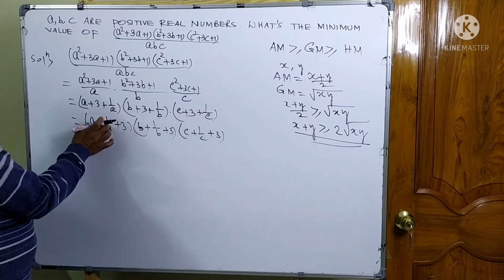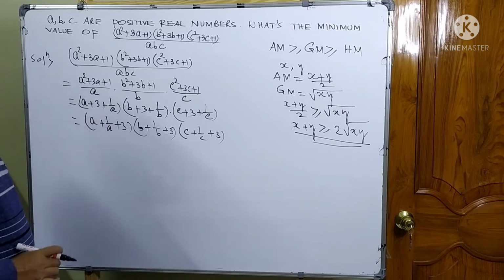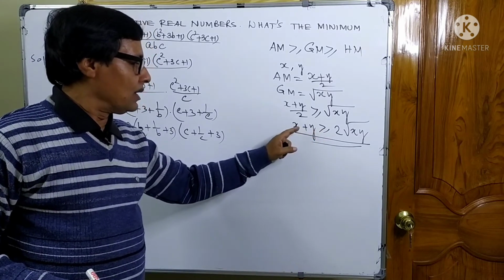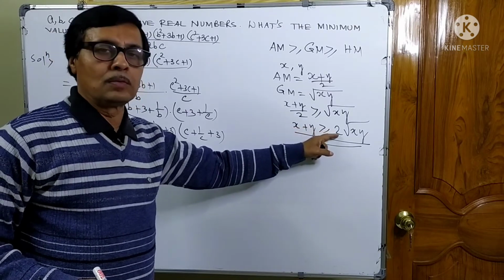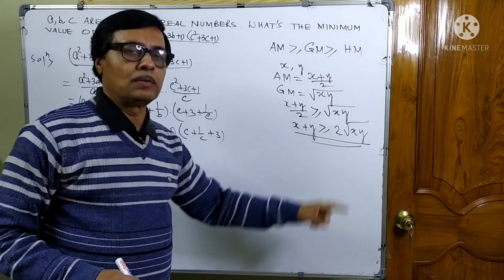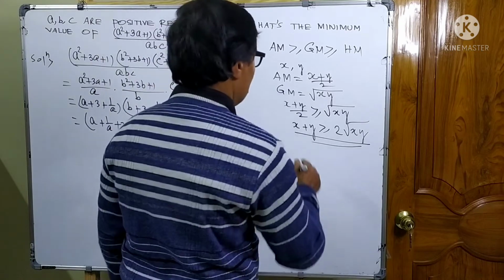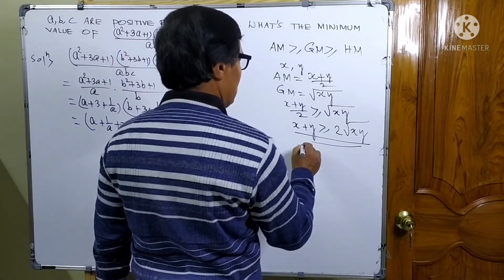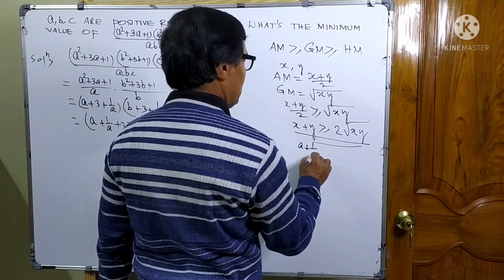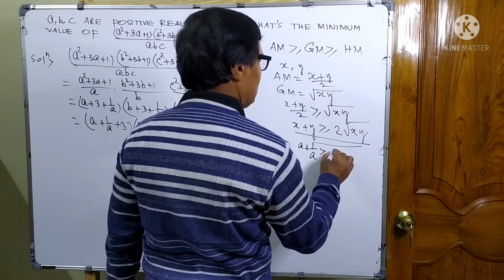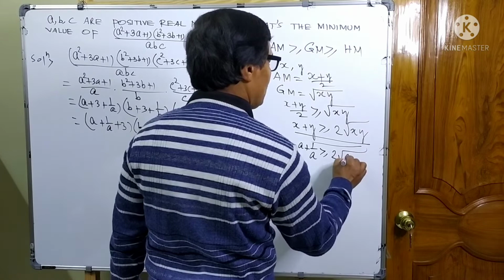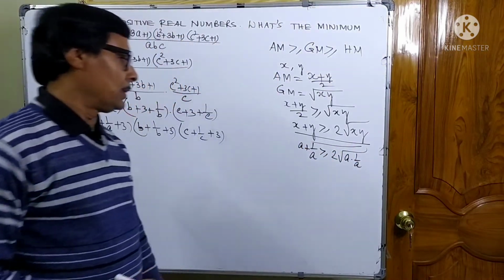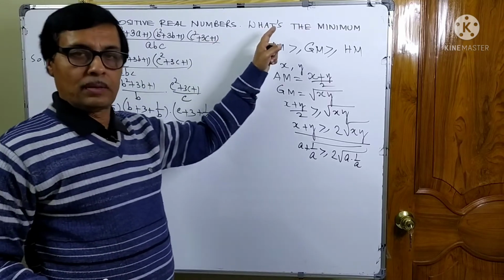For these quantities we can apply this inequality, x + y ≥ 2√(xy). If x equals a and y equals 1/a, then a + 1/a is greater or equal to 2√(a · 1/a), where a is a positive real number.